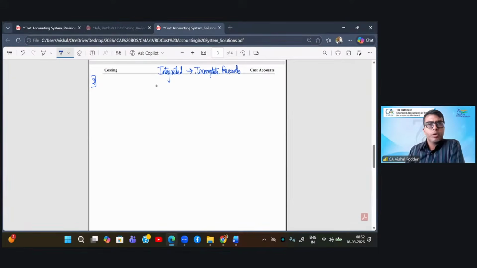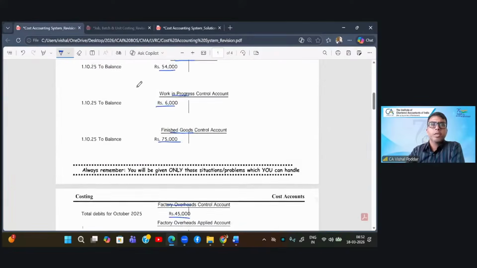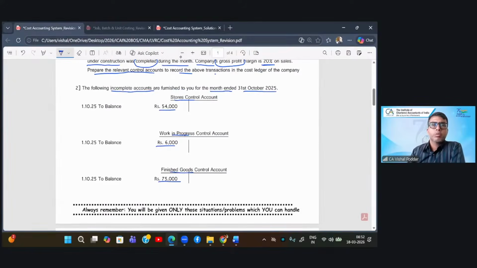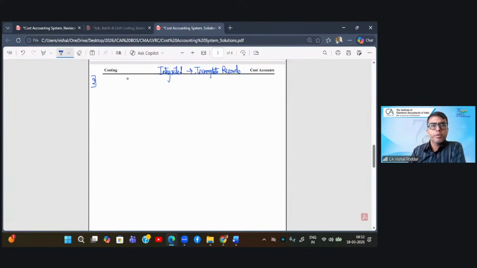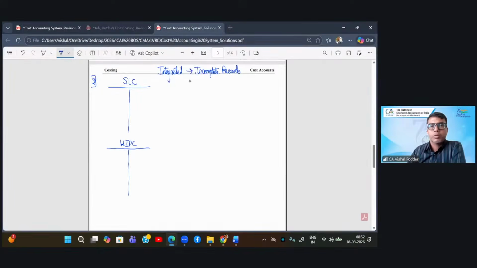Now we will prepare only those accounts which are given in the question because other accounts are not possible. So what are the accounts given? First account is the stores control, that is the material account. Second is WIP. Then what else is given? They have given the finished goods account.